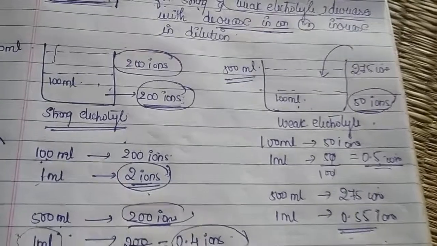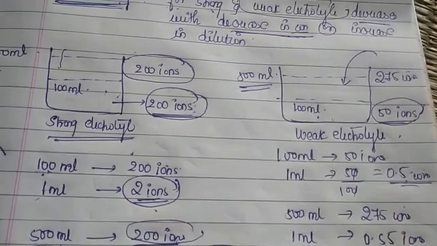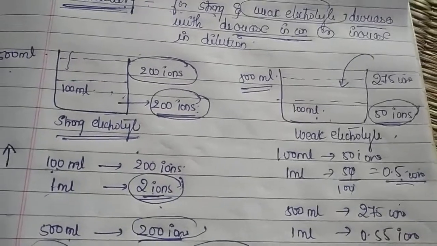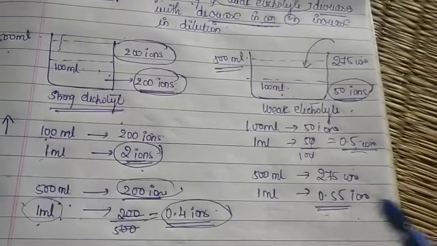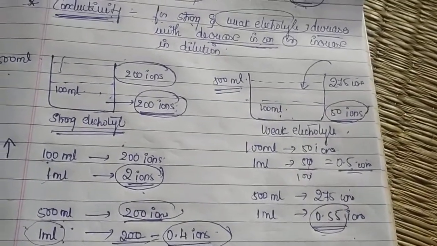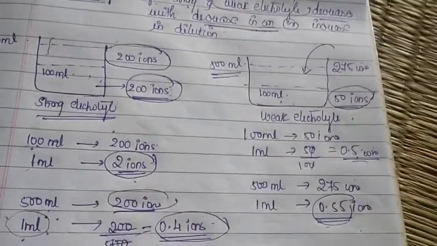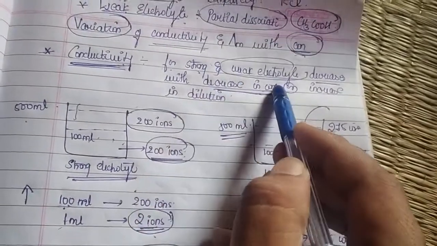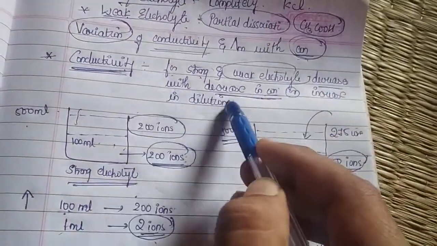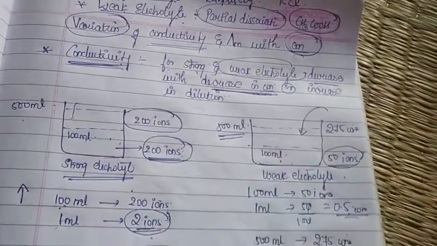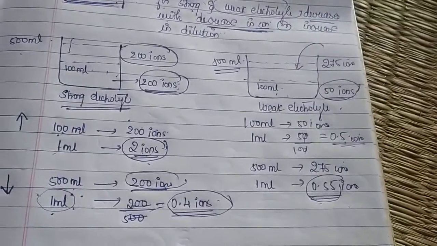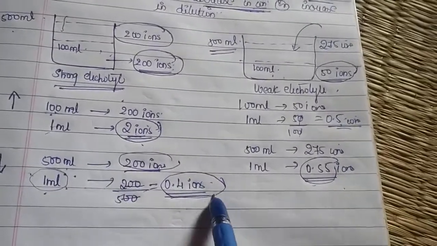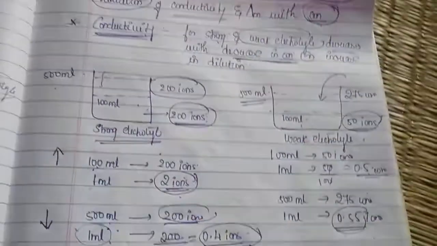Very negligible. If you go with respect to the practical demonstration, of course we would say that conductivity increases. But when we go with the theoretical concept, you remember that the increase in the number of ions is very negligible. So for both strong and weak electrolytes, conductivity decreases with decrease in the concentration. Are you able to understand, guys? In the strong electrolyte, it was 2 and it became 0.4, so there is a drastic decrease.